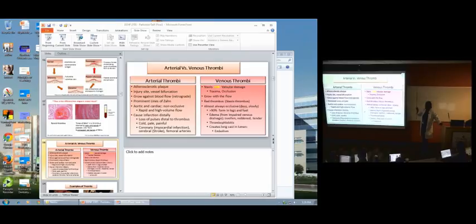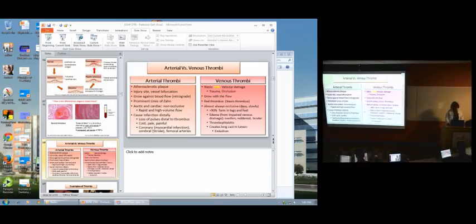So a little bit can get detached. As long as the mechanism that caused it is still there, it can still happen. Sometimes you can have complete occlusion before you have an embolus. Sometimes you can have an embolus when it's not even completely occluded. So there really isn't any exact time frame when it develops, okay?